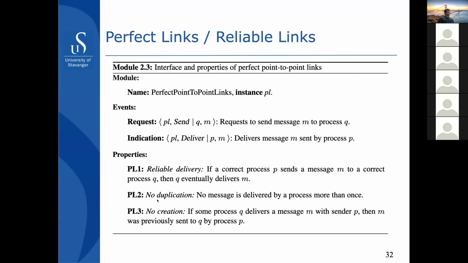Then it has property number 2, no duplication. Remember that the lowest level fair loss link required us to send an indefinite number of times. The stubborn link made it so that we can send only one time. And now the perfect links also allow us to receive just one time.